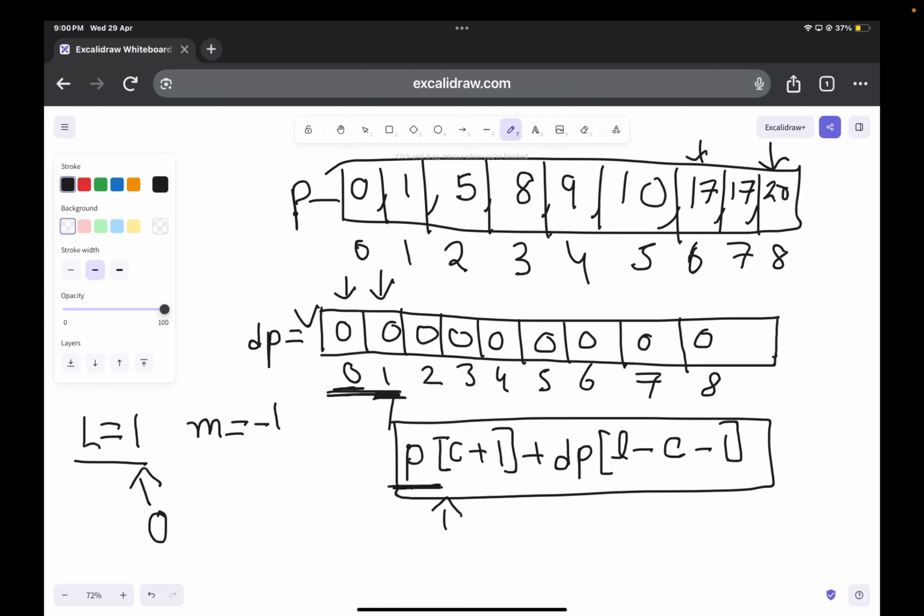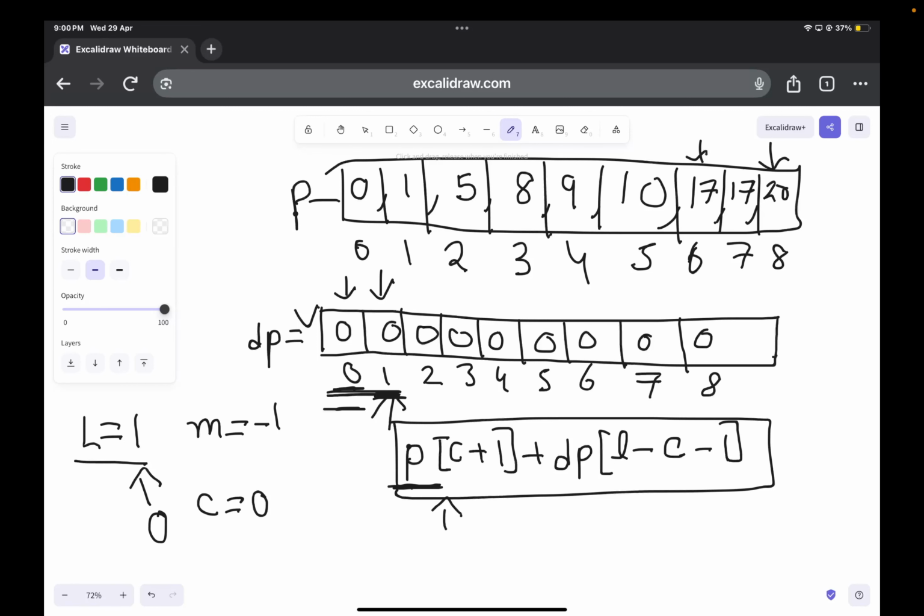If your 1 is here, you can only cut 0, but even if you cut 0, 1 is still remaining. So what is the price of C? Price of C is 0 right now. C is the cut. C is for cut.